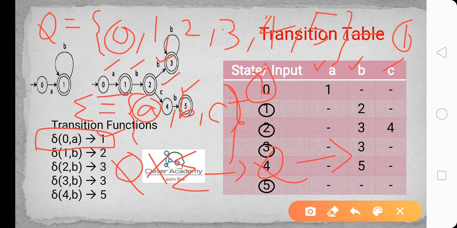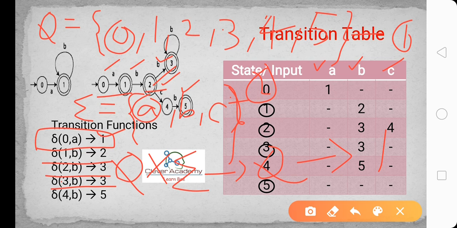Then 1 comma B moves to 2. 2 comma B moves to 3. 3 comma B, you don't have any, that's wrong.